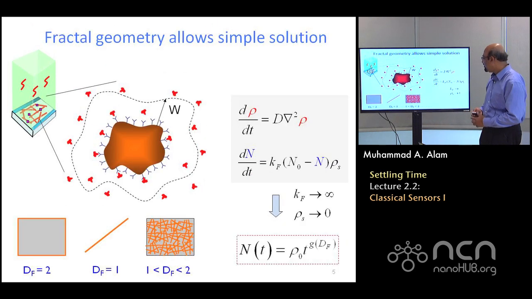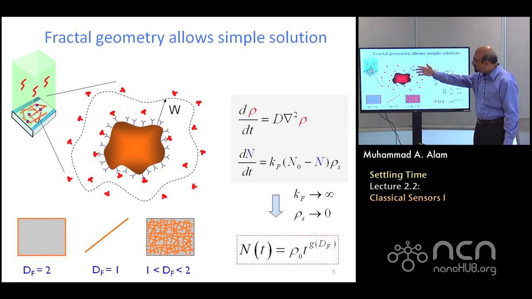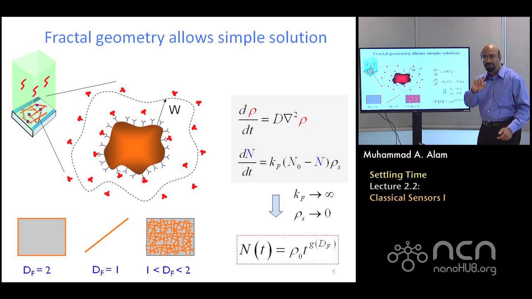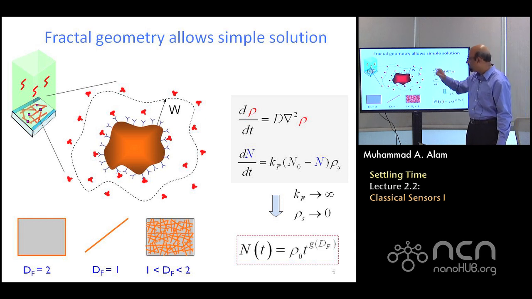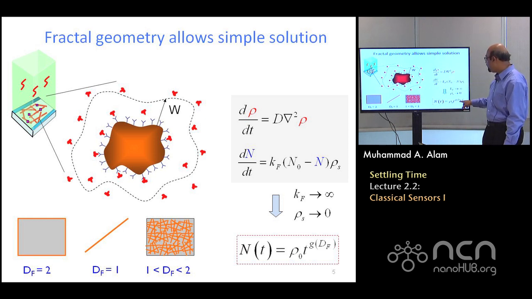And it turns out the result is actually very, very simple. It turns out the number of molecules captured when they are going through this complex diffusion process, getting captured by complex sensors with very different geometries, is simply given by the initial analyte density ρ0, and is a function of the fractal dimension of the surface.